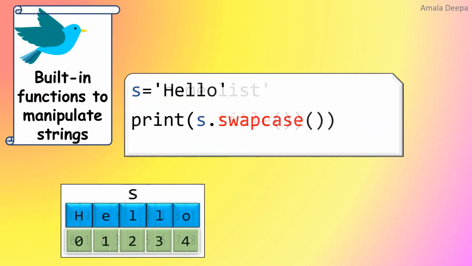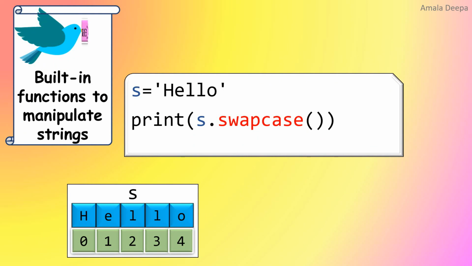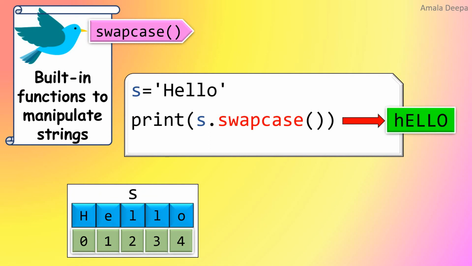The last function is swapcase. Swap means interchange. Here the string object S contains the string Hello. Print S dot swapcase gives the output hELLO. Look at the output.